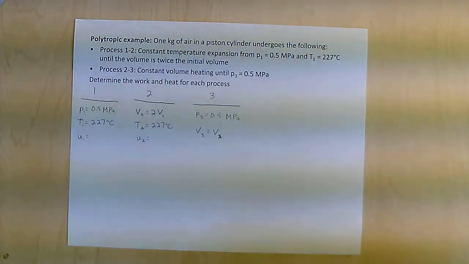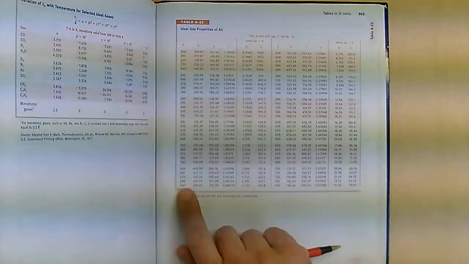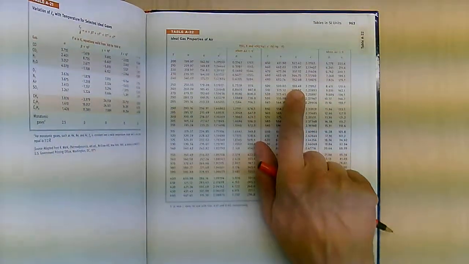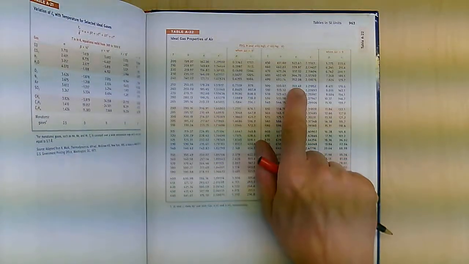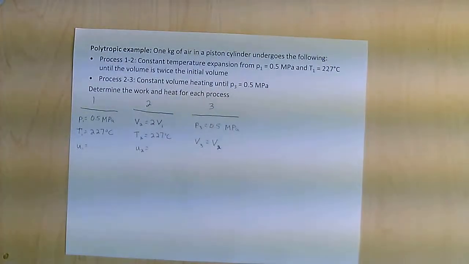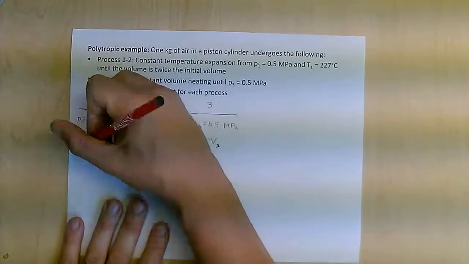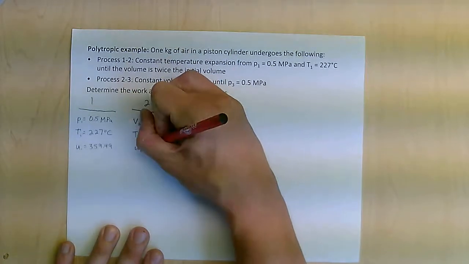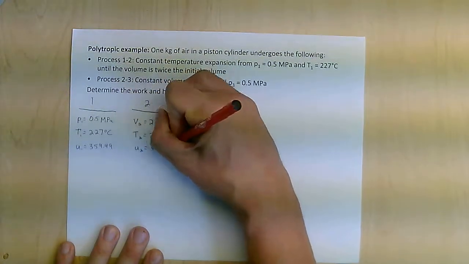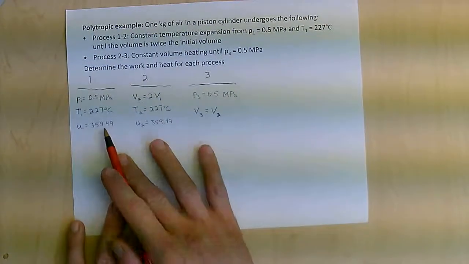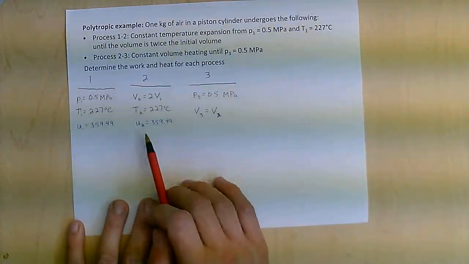At 500 Kelvin, my U value is 359.49. That's my U for both states 1 and 2.